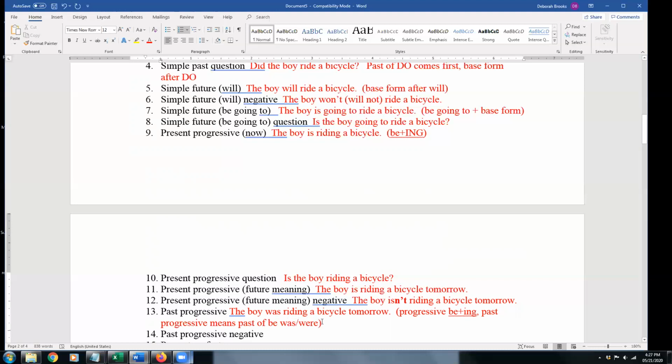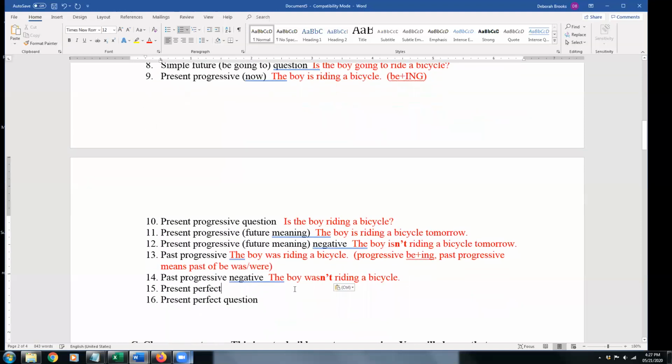The main verb is still ing, we're just changing the is to was. The boy was riding a bicycle. And the negative, we just add a not, just like we did with isn't. We add a not here, wasn't riding a bicycle.